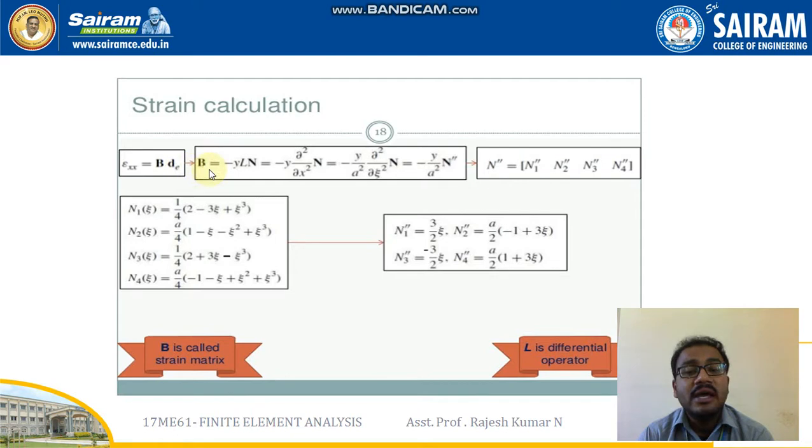This is the equation we have to remember, which is nothing but minus y L N. And the expansion of this is minus y of L is nothing but del square by del x square of N. If you want to expand this again, it can be written as minus y by a square, del square by del zeta square of N. Again it can be written as minus y by a square N double dash. That also we can say.